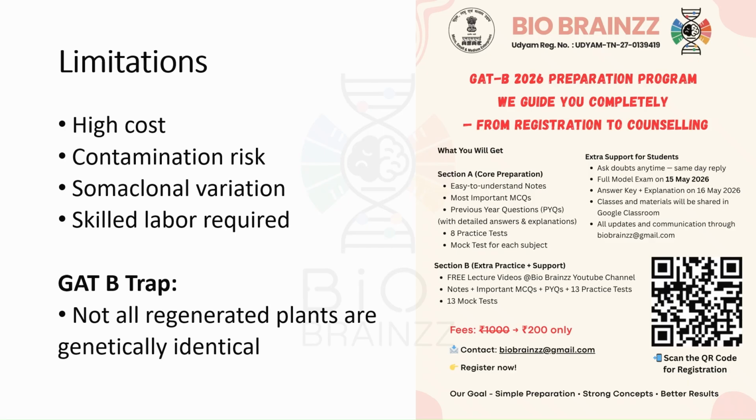Another important limitation is somaclonal variation, where regenerated plants may show genetic changes. This means all plants are not always identical, which is a common exam trap. So tissue culture is useful but not always perfectly reliable.